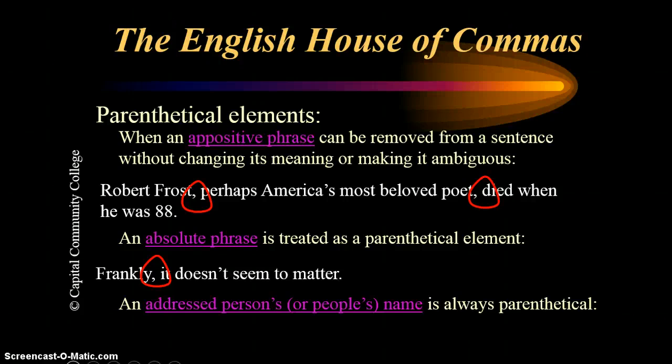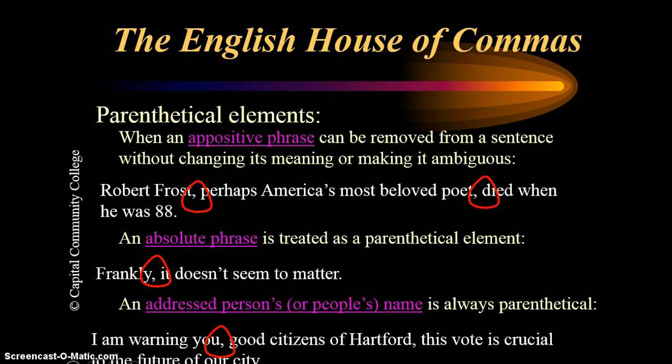Think of the word parenthetical as parentheses. If it's something that could go in parentheses because it's extra information, you would want to put it in there. So for example, I am warning you, good citizens of Hartford, this vote is crucial to the future of our city. Once again, it's not vital to our understanding of the sentence, but we are stating who we are addressing.